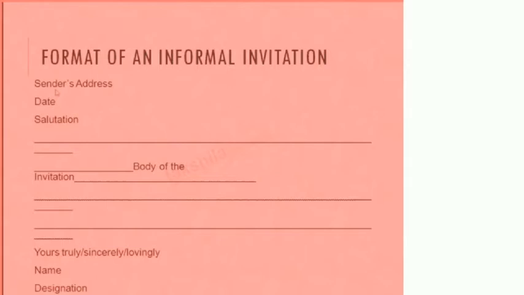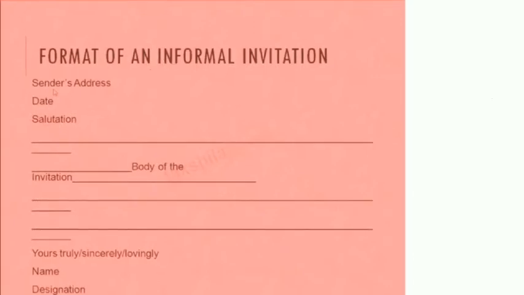He should not get confused regarding any program or function. So there should be clarity in this invitation. We have to follow this norm, or this pattern, of an informal invitation.